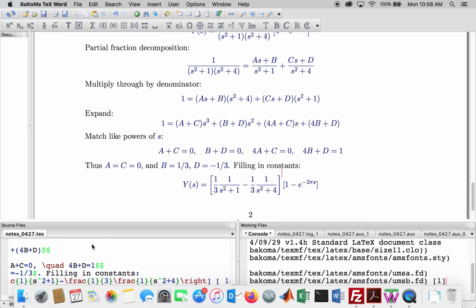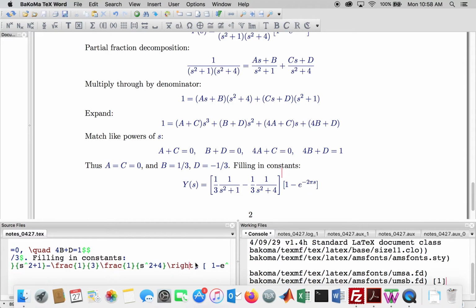Okay, now for the purpose of inverse transforming, I should expand all this so I can focus on each term individually.